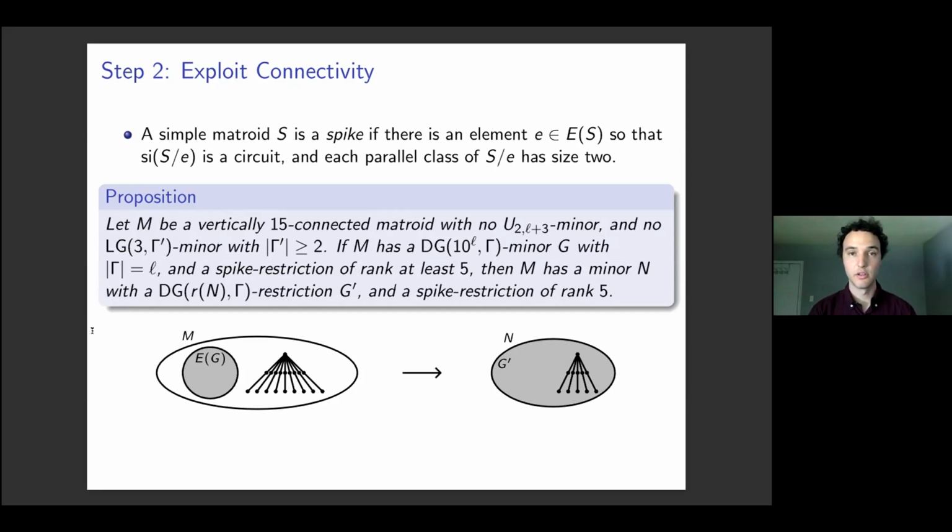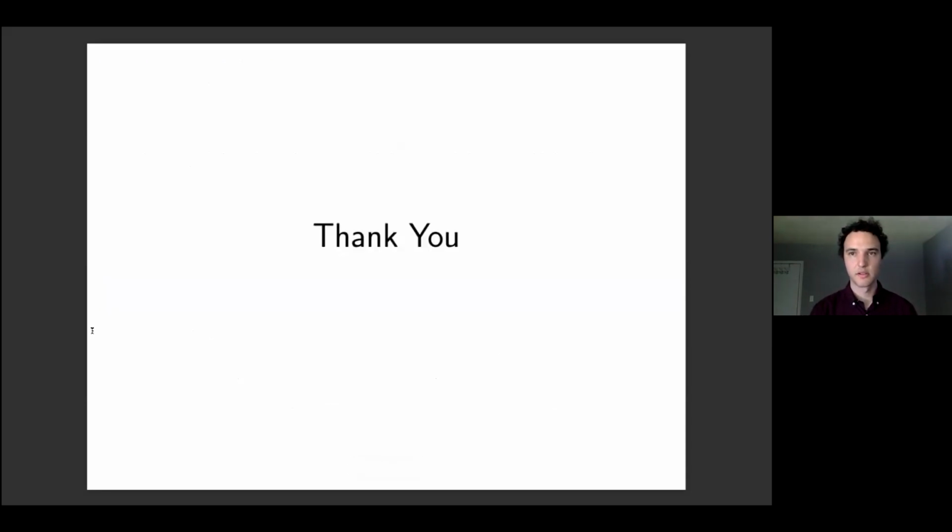You can apply theorems like Tutte's linking theorem from there. Okay, so that's all I want to say about the proof. Hopefully this gets you interested in trying some extremal matroid theory. And I'll stop there. Thanks for listening.